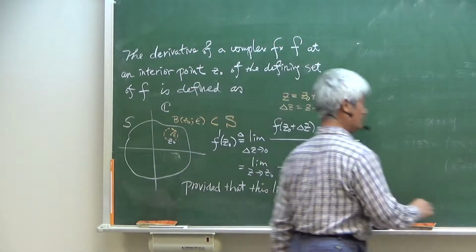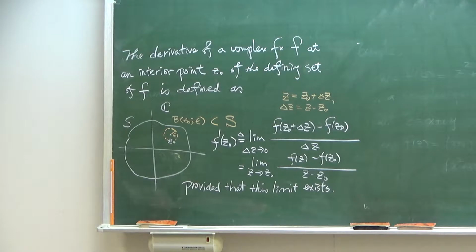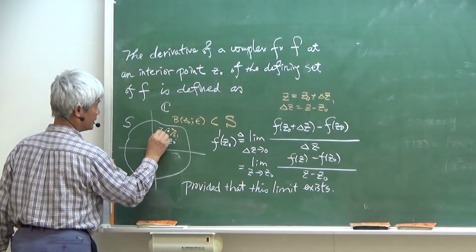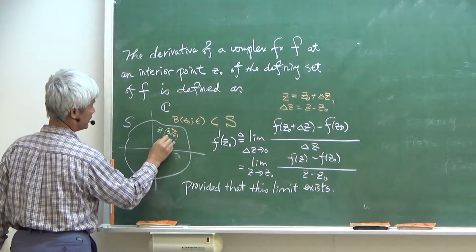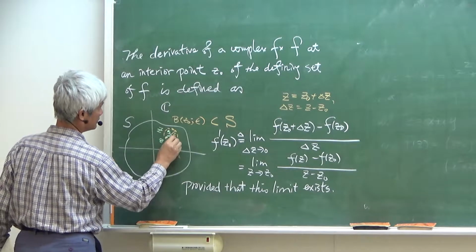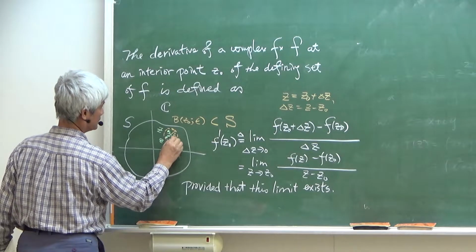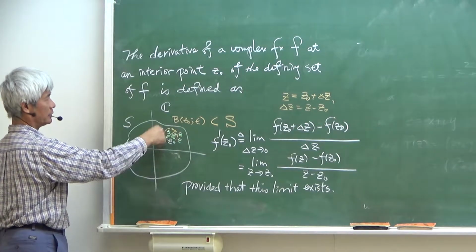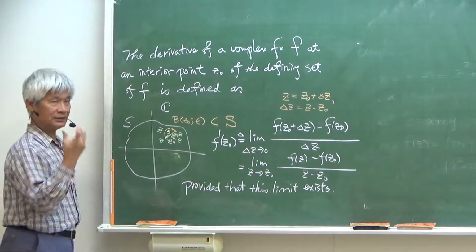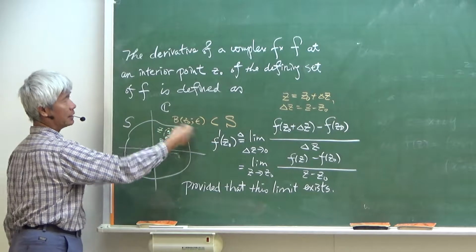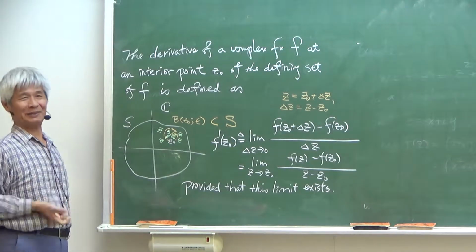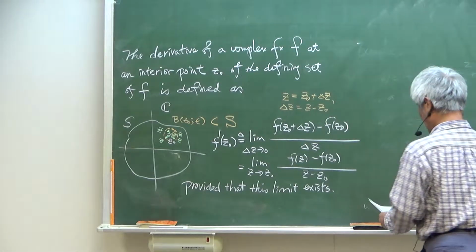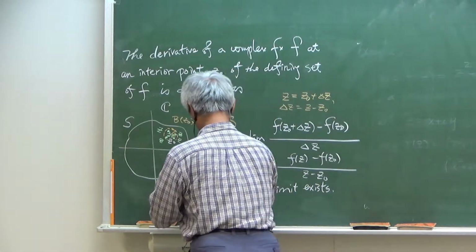So here, z goes to z0, maybe from here, or from another direction, or from here. So z goes to z0 from everywhere, anywhere in the neighborhood, and the limit should be the same.